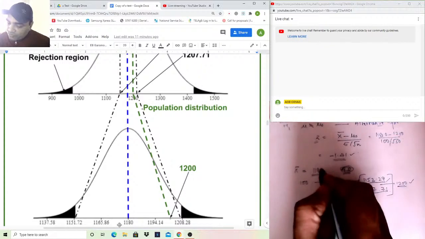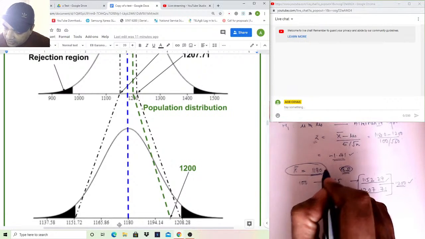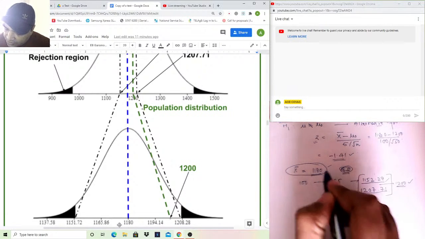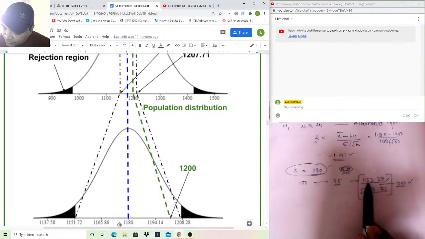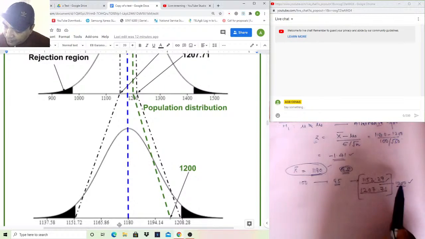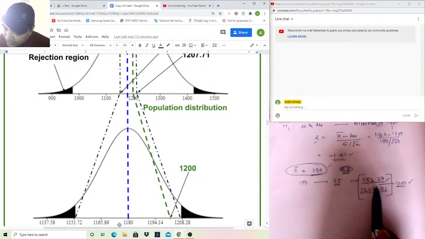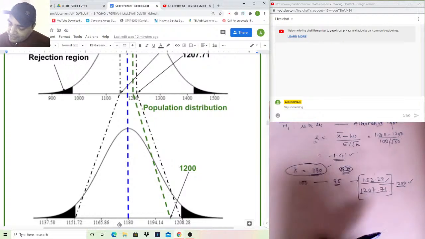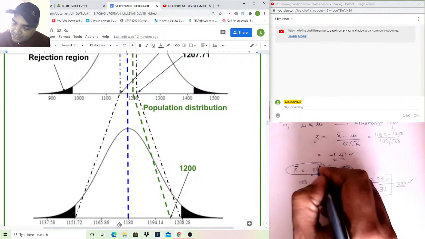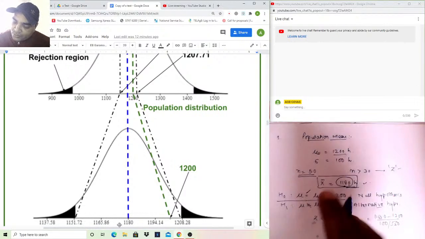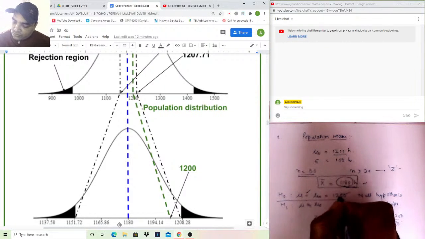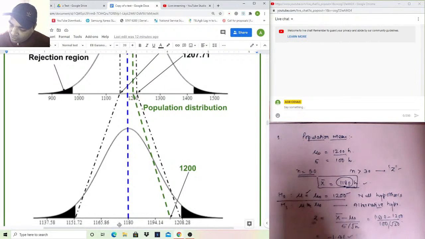So although the quality inspector was saying that it was 1180, it has a confidence interval between 1152 and 1207, and because your 1200 lies in between, we accept that this value is equivalent to your 1200, because this 1200 lies in the confidence interval.